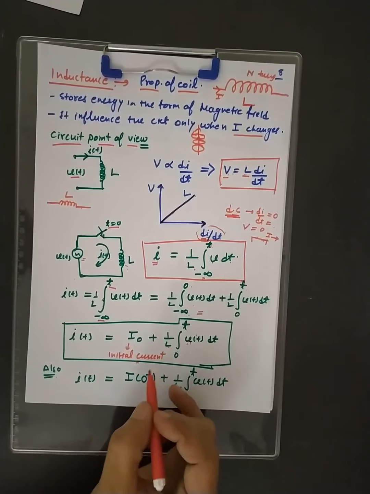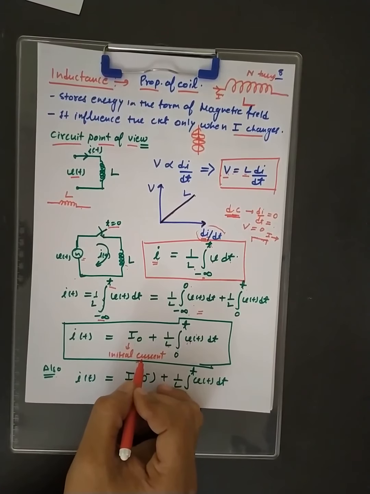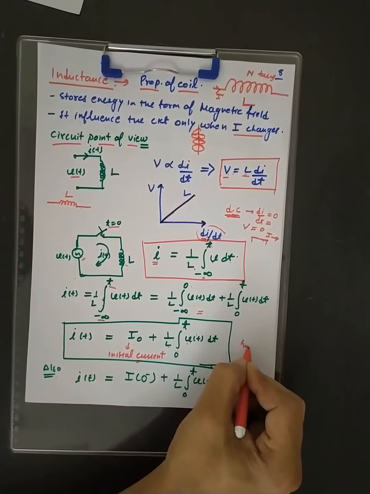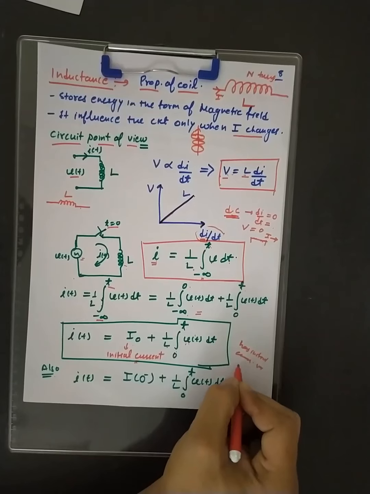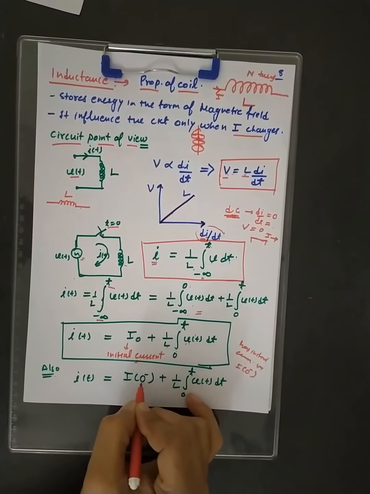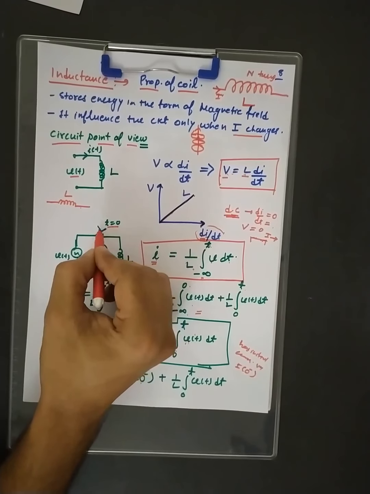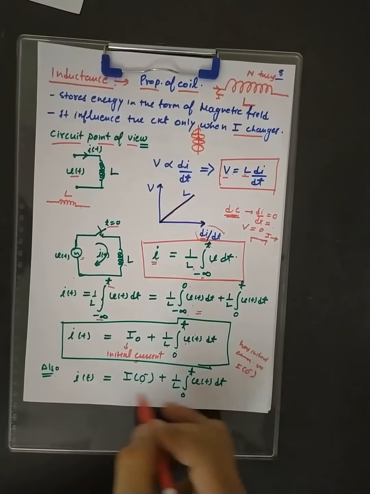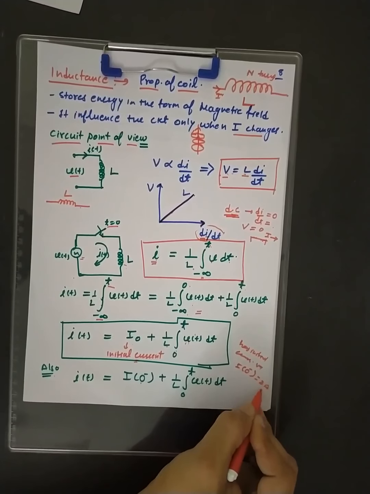In numericals or circuits in future, you will see that the value of initial current may be given to you, I0 minus. The 0 minus represents the time before closing the switch at t = 0. It tells us the value of current before 0 due to the energy stored in the inductor, given to you as 2 ampere, 3 ampere, like this.